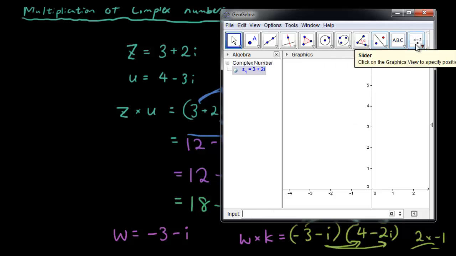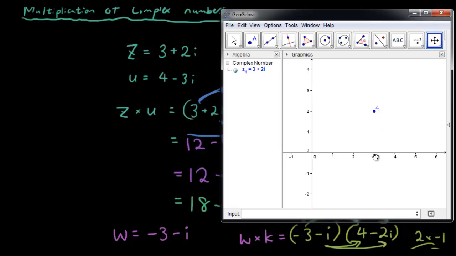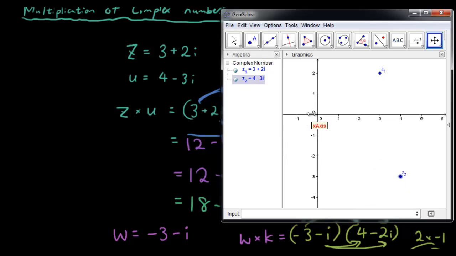So 3 plus 2i is over here, z1: 3 on the x-axis and 2 on the y-axis, which is the imaginary axis. And then I have 4 minus 3i, which is down here. z2 is 4 on the x-axis and negative 3 on the imaginary axis.